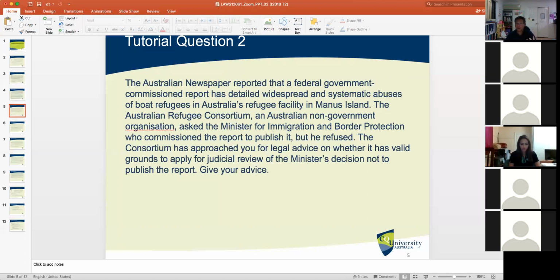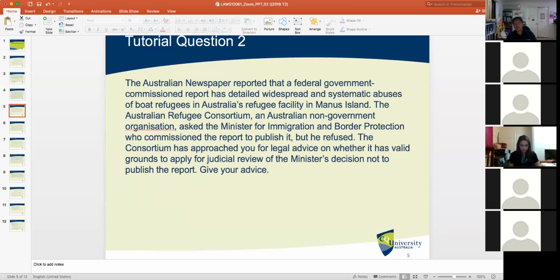I would advise the Australian Refugee Consortium not to apply for judicial review because it is a political decision. And if it is a political decision of the executive, it is non-justiciable. Courts will not accept the exercise of jurisdiction over such a matter because it involves a political question.